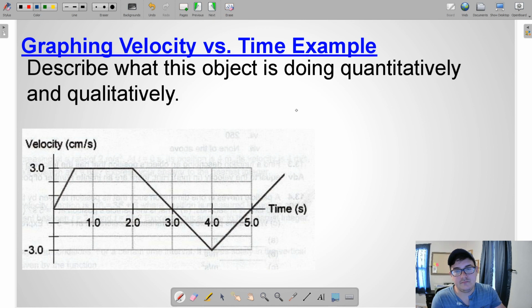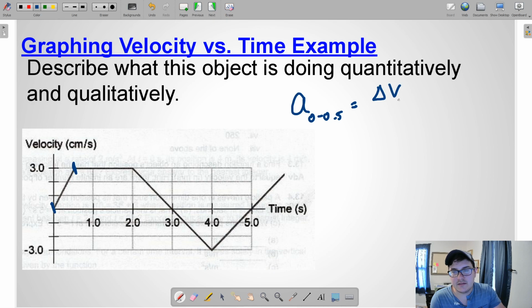Okay. The acceleration from 0 to 0.5 seconds. Let me write that just a little bit better. Acceleration from 0 to 0.5 seconds, or this time interval right here.